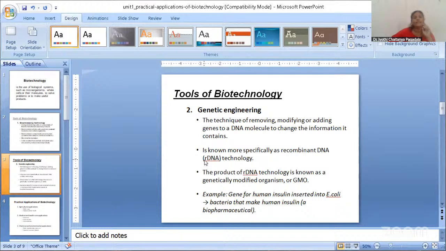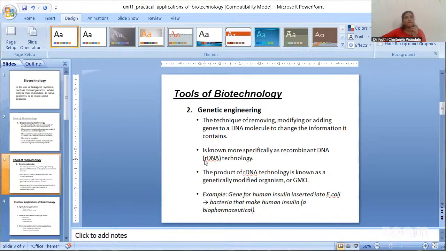We need six steps. Step one, DNA or RNA extraction, that is nucleic acid extraction, and gene cloning. Second step, gene design and packaging. Third step, promoter, selectable marker genes, reporter genes and enhancers.